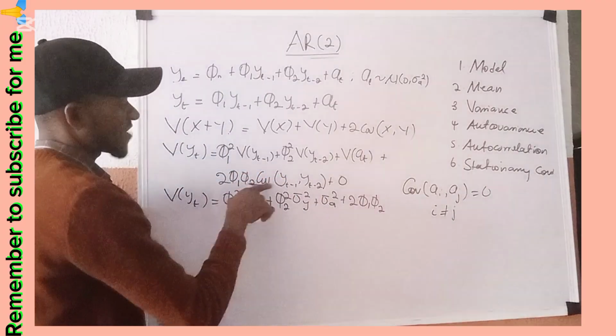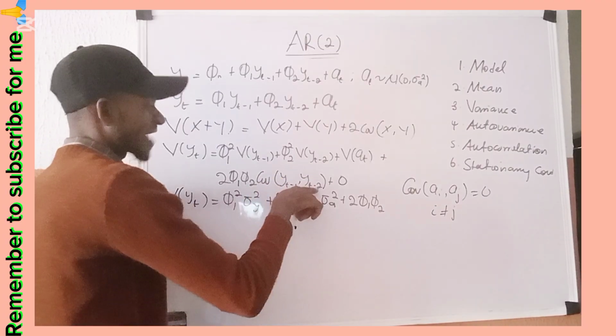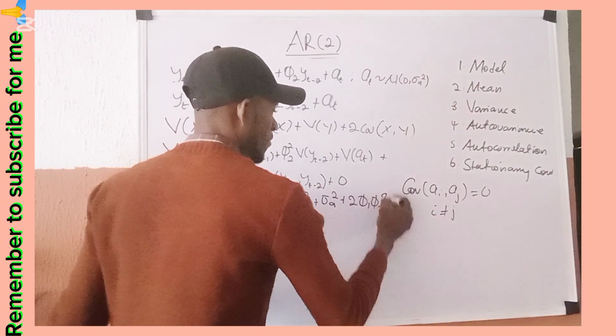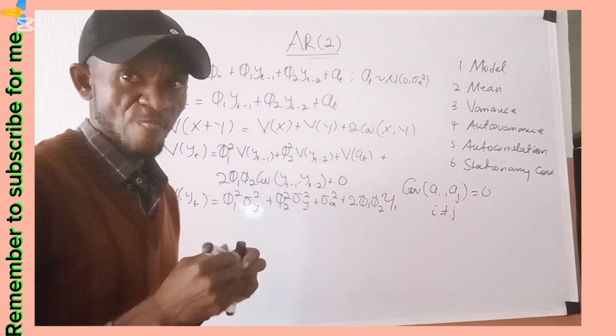The covariance of y at t minus 1 and y at t minus 2 is what we call gamma 1. That is the autocovariance at lag 1.